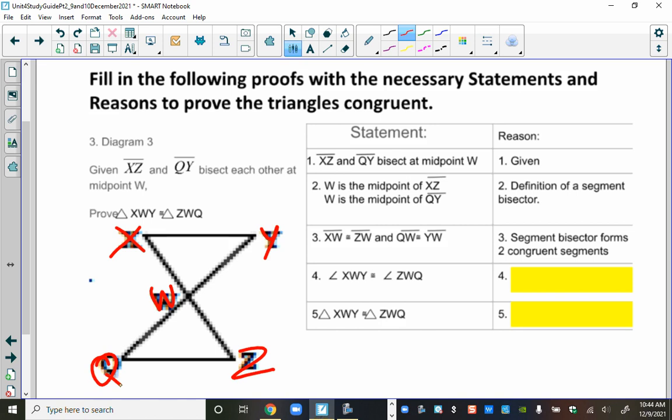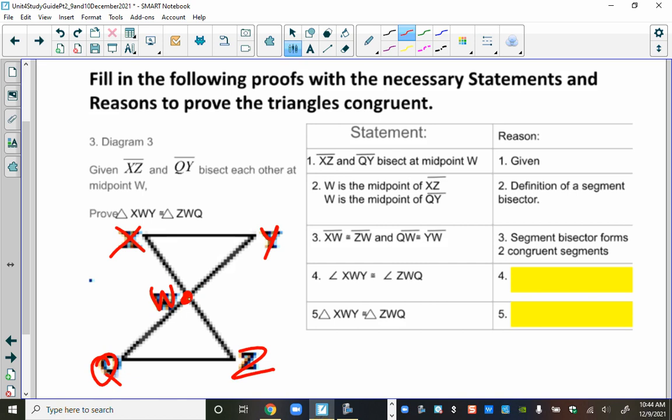So now what's going to happen, they're going to just give you some information. You need to figure out why certain things are going to be congruent. The first thing I told us, XZ and QY are both bisected here. Boom.